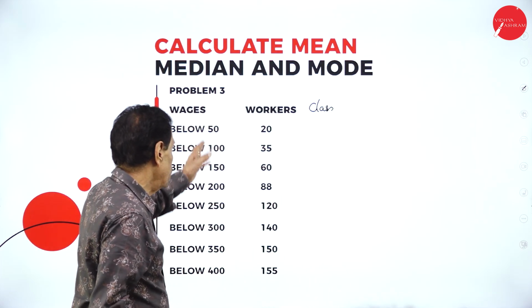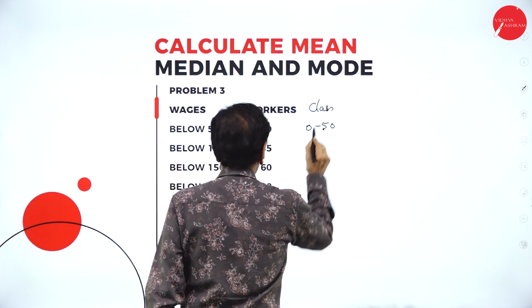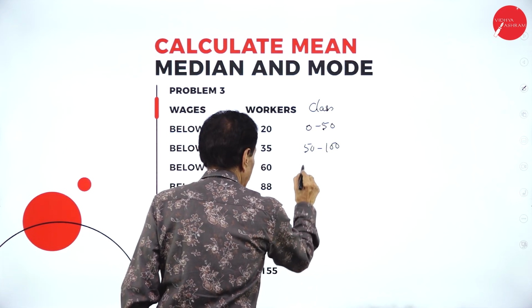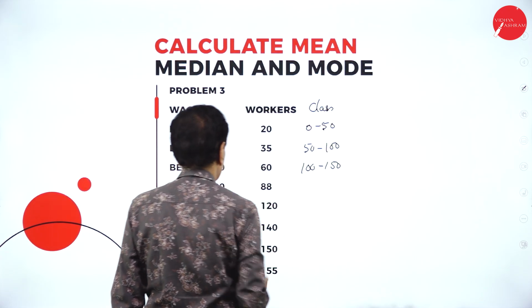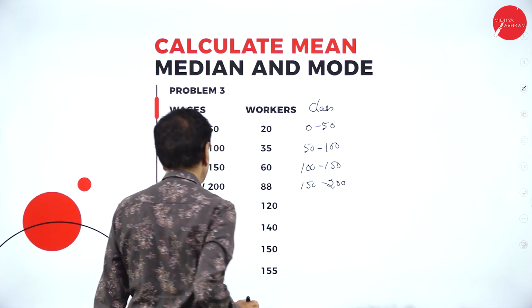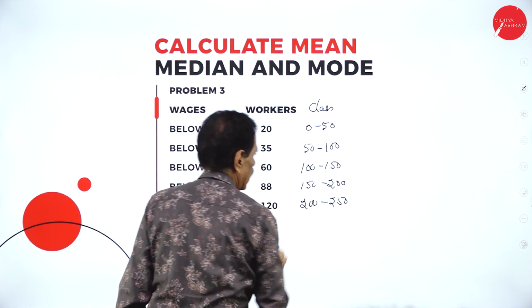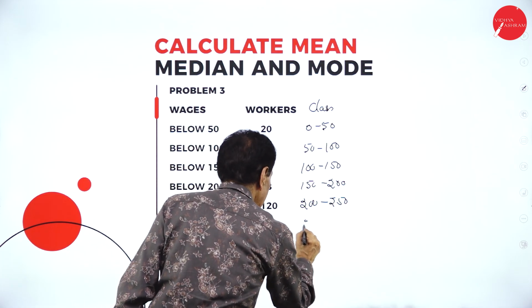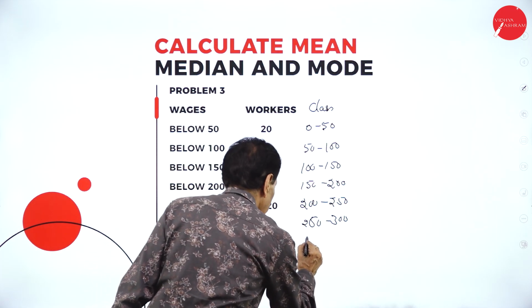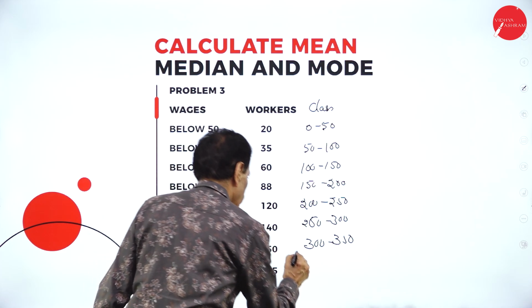Below 50 means, difference of 50, means 0 to 50, 50 to 100, 100 to 150, 150 to 200, 200 to 250, 250 to 300, 300 to 350, 350 to 400.